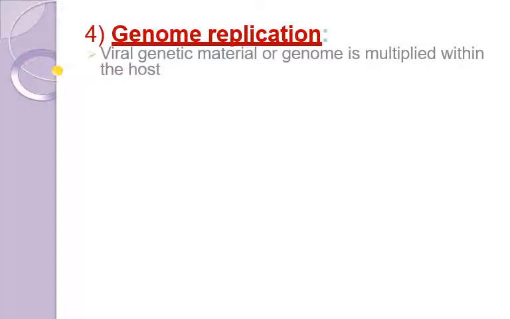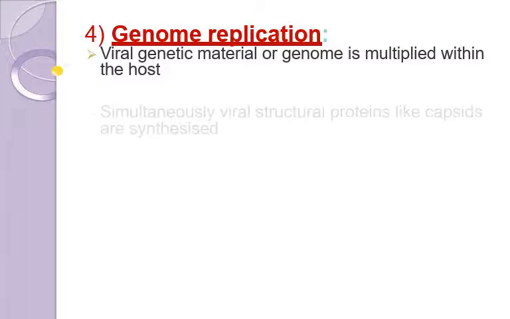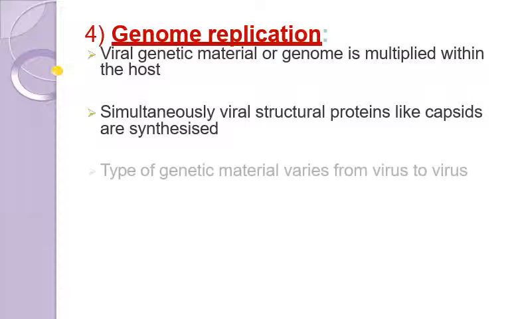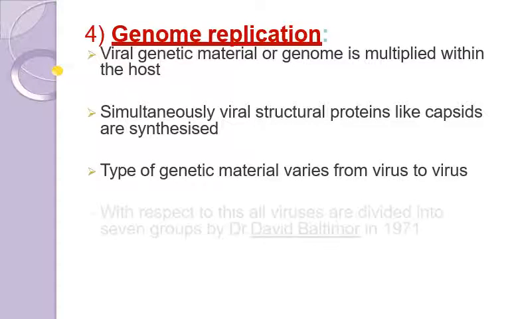Fourth step is genome replication. Viral genetic material or genome is multiplied within the host. Simultaneously, viral structural proteins like capsids are synthesized. The type of genetic material varies from virus to virus.